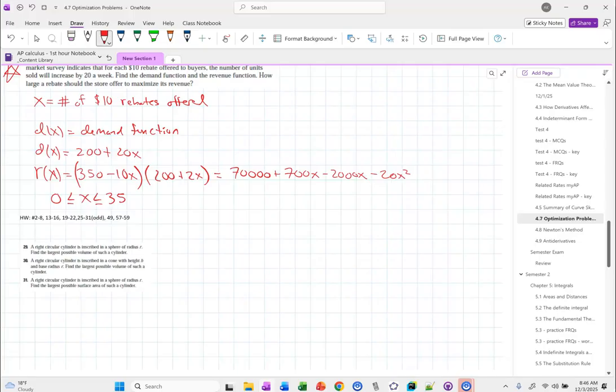Is that 70,000? 350 times 200, yeah, that's got to be right. Okay, or just 70,000 minus 1300x minus 20x squared.